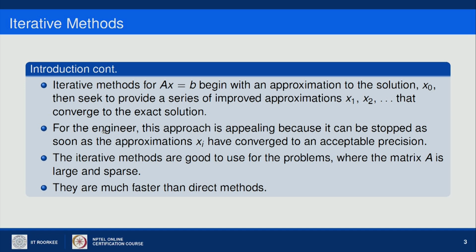In engineering problems, this approach is appealing because it can be stopped as soon as the approximation xi has converged to an acceptable precision, meaning whenever the difference between the exact solution and the solution in any iteration is less than a given threshold.